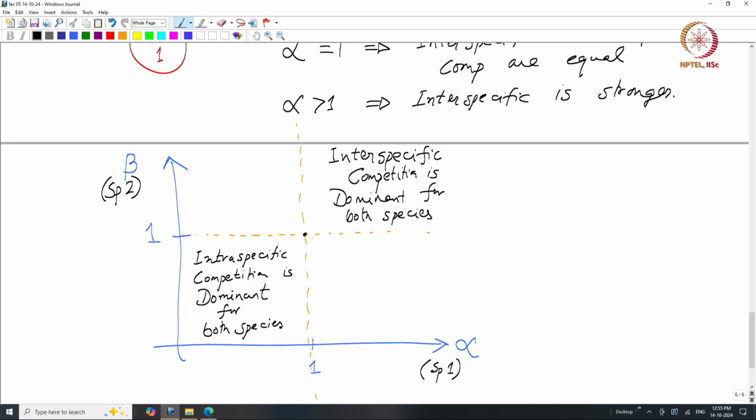Okay. Let us now come to the bottom right. So, in this case alpha is greater than 1, but beta is less than 1. Alpha greater than 1 means that species 2 has a stronger effect on species 1.